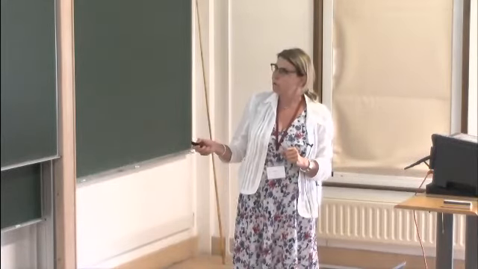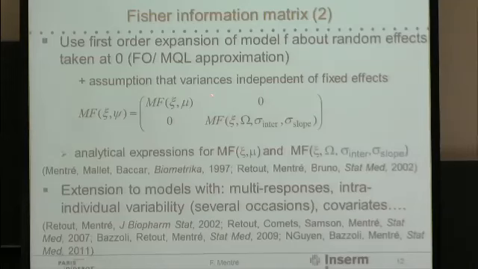And in those papers, and since then, we have extended this Fisher information matrix for more complex models. Models with more than one continuous response, so multiple responses. Models where, in addition to interpatient variability, you have intrapatient variability, for instance, several occasion crossover trials, and covariates. I'm sorry, here I've quoted only the work performed in my team, although there are several groups in the world now working on that, and they're more or less all here.